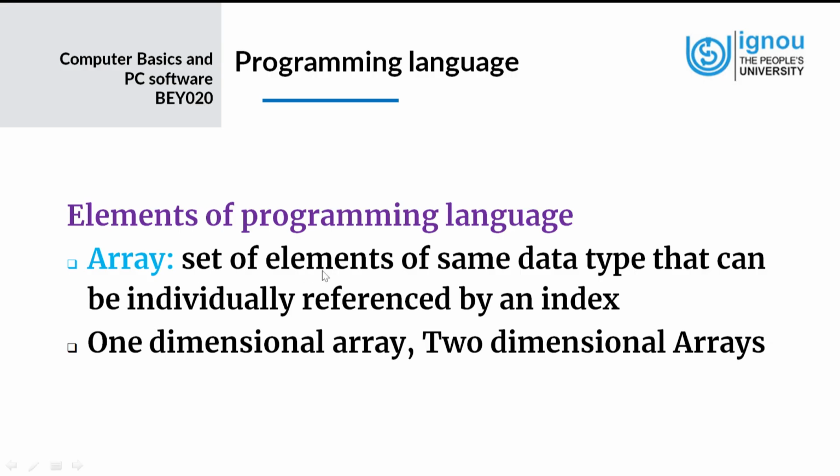It is basically a set of elements of the same data type that can be individually referenced by an index. So with one single name you are able to access many variables with the help of an index, and arrays can be one dimensional, two dimensional, and even multi-dimensional.